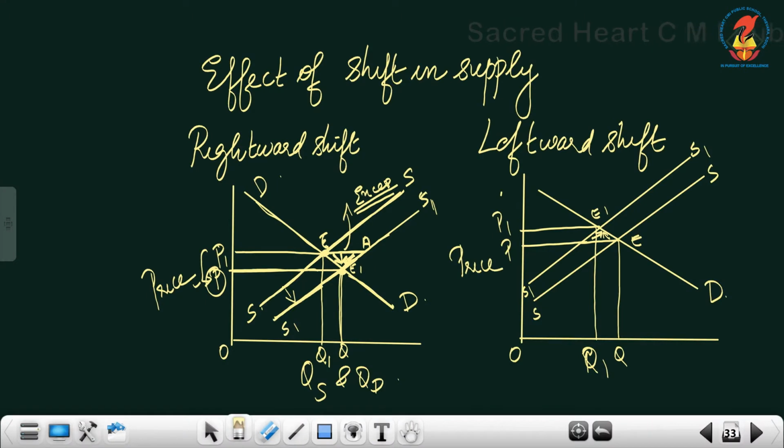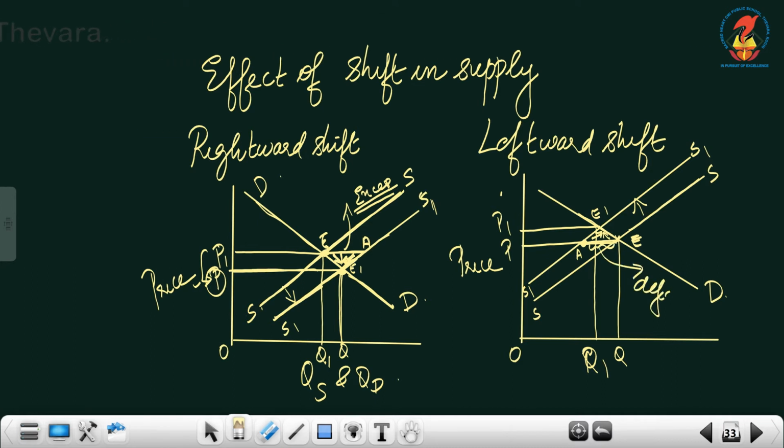Now here also you can find there is a leftward shift of the supply curve. The initial supply curve is SS, and it intersects the demand curve at point E. From there, if we draw a line to the new supply curve, you can find A, this is deficient supply, isn't it?